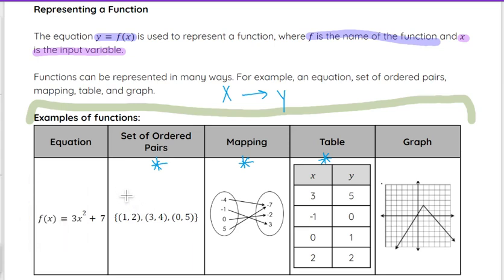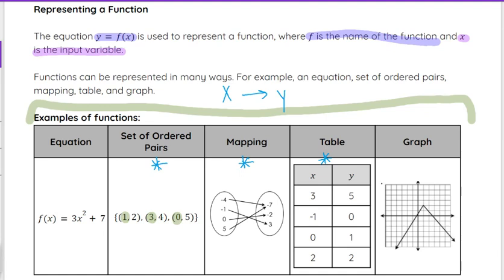For example, the ordered pairs. If you look at the x's, x is 1, 3, and 0 in this example I give you. Each of these representations are different. They don't go together. It's just showing you that there are at least 5 different ways that you can represent a function, whether that's the equation, the ordered pair, and so on.